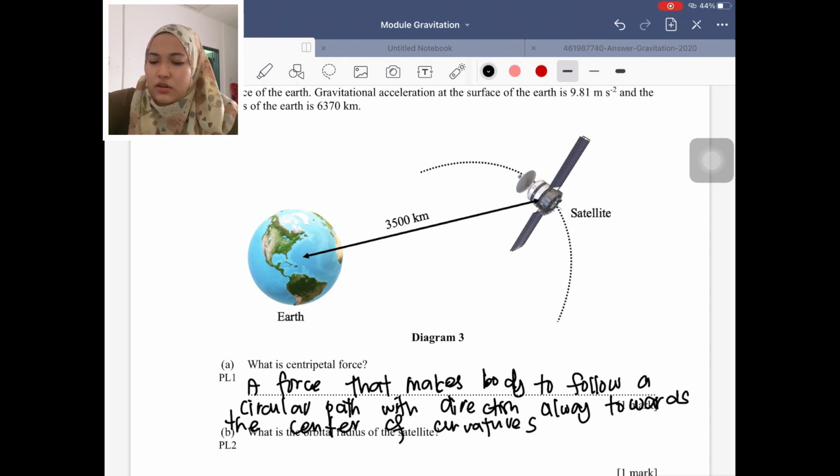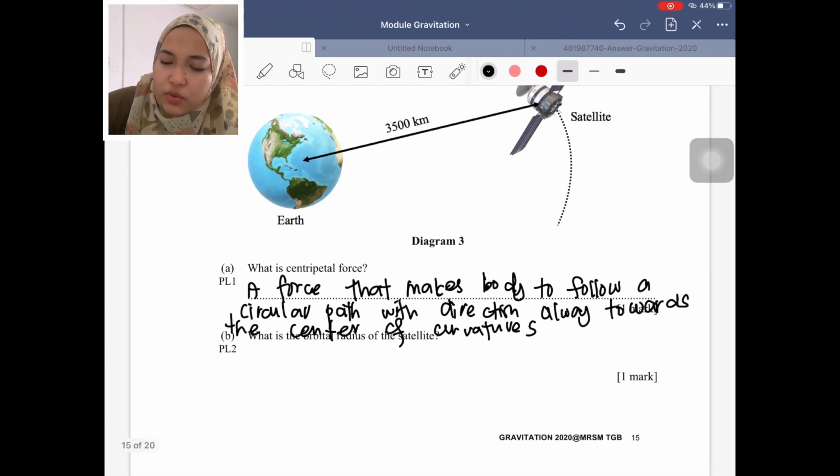So it's always explain about what is centripetal force. Okay, so a force that makes the body follow a circular path with the directions always towards the center of curvature. Macam tu.